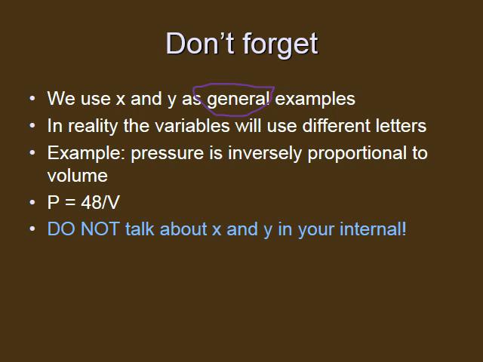So for example, if they're going to do an experiment with pressure and volume, instead of using y, you'll use pressure, and instead of using x, you'll use volume. Do not talk about x and y in your internal, okay? I don't want to see that. You should be discussing the independent and dependent variables that you're actually using in your experiment, which you're doing for your internal.